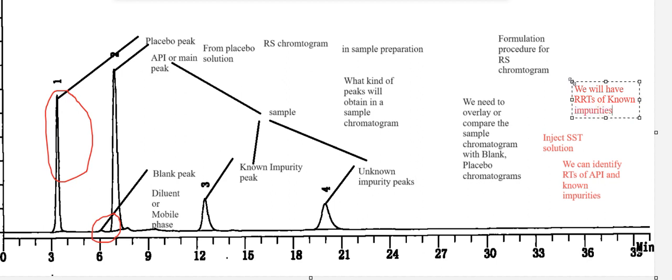By knowing the RRT of known impurities, we can name whether it is a known impurity or an unknown impurity.